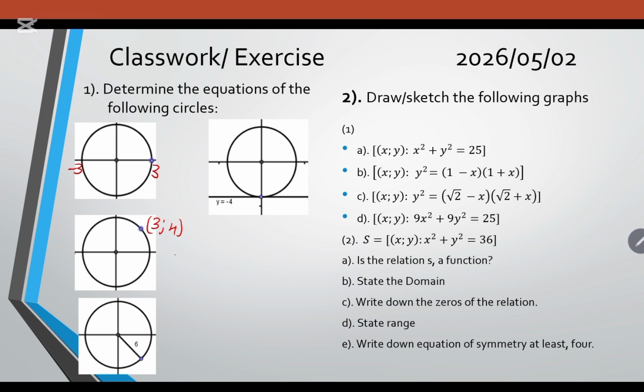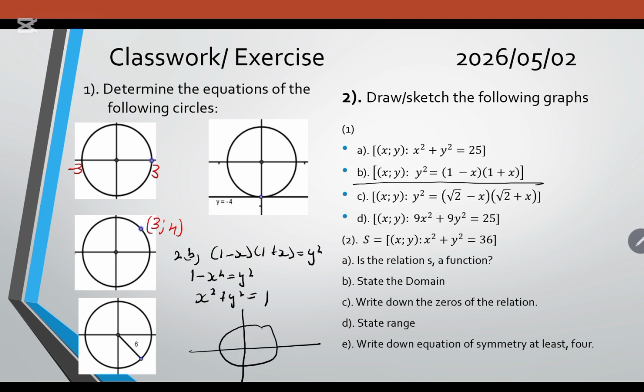So, question 2b, they say 1 minus x times 1 plus x is equal to y squared. To simplify this, we've got 1 minus x squared is equal to y squared. Therefore, the equation of this circle is x squared plus y squared is equal to 1.